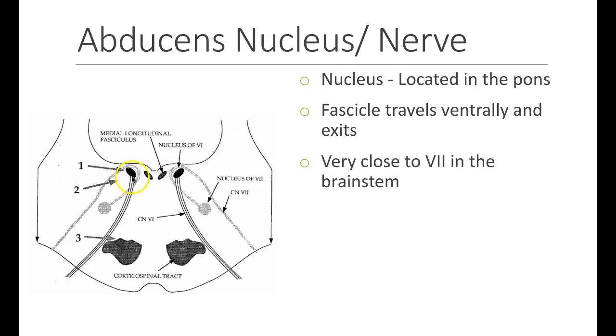The fascicle of the 6th nerve exits ventrally and travels through the brainstem next to the corticospinal tracts. The 6th nerve nucleus is intimately associated with the 7th nerve fascicle. This is the 7th nerve nucleus, and you can see that the fascicle wraps around the 6th nerve nucleus.